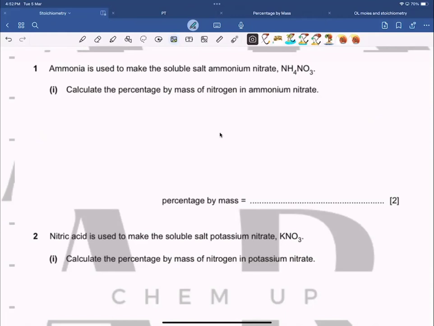Potassium is 39. Sir, 35%. Yeah. For the first one, sir, the second one is 13.8. One minute. Yeah, it's correct.